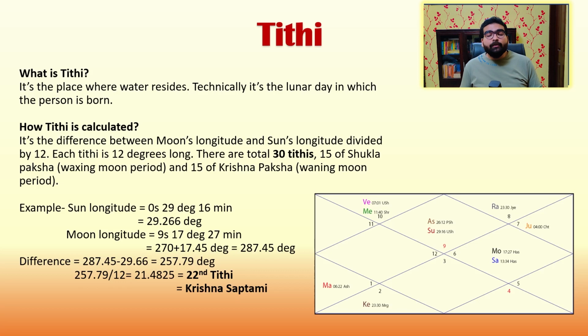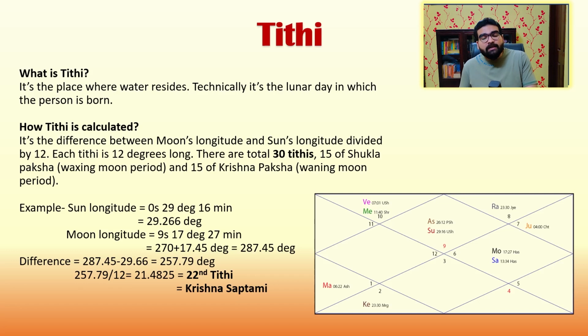Similarly, the moon's longitude is going to be 9 signs because the moon is sitting in the 10th house, and the moon has completed 9 houses, meaning 9 signs have been passed by the moon, and it is sitting in the 10th house, the 10th sign. So it has passed 9 signs, and in the 10th house it is at 17 degrees 27 minutes.